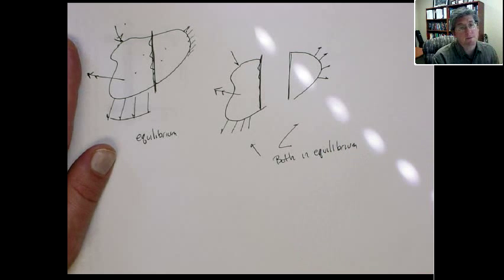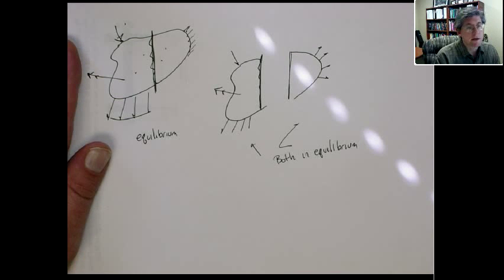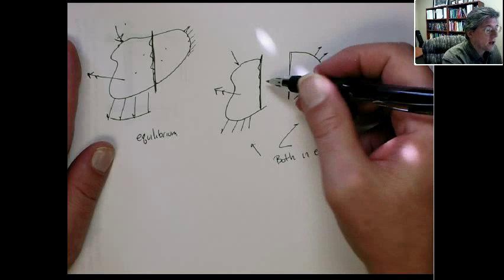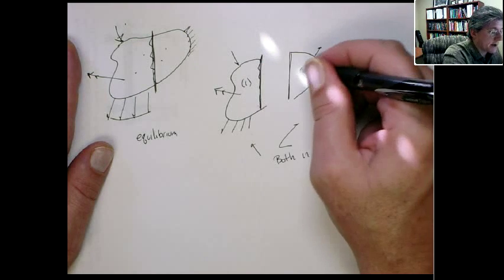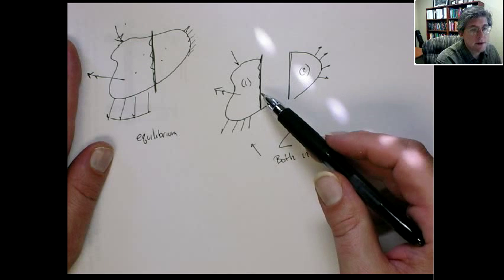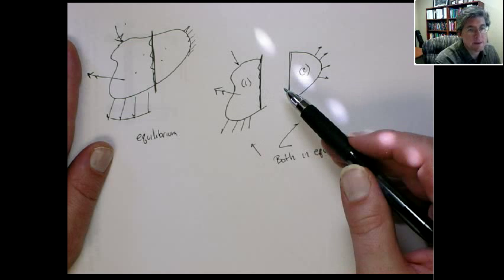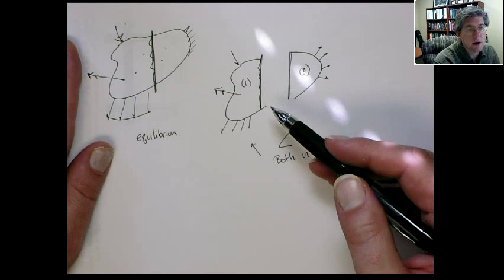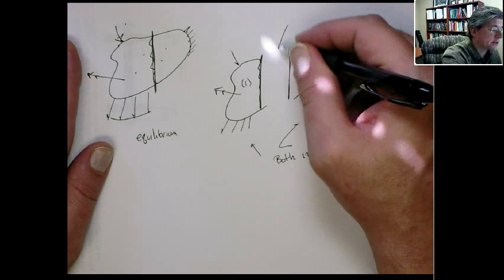Physically they have to be in equilibrium. Now, the way I've drawn those, they're not in equilibrium because I'm missing something. What am I missing here? Well, if we call this body 1 and this body 2, body 2 exerts forces onto 1, and body 1 exerts forces onto 2. They both have equal and opposite forces, Newton's third law applying between them. These are the internal reaction forces.